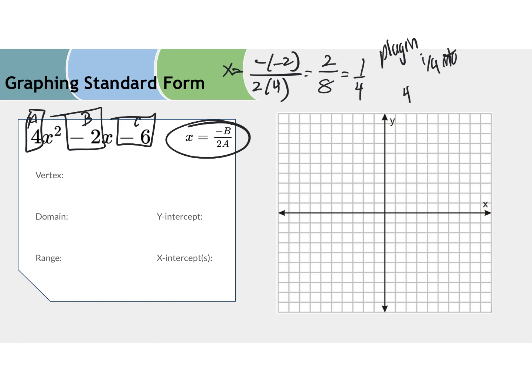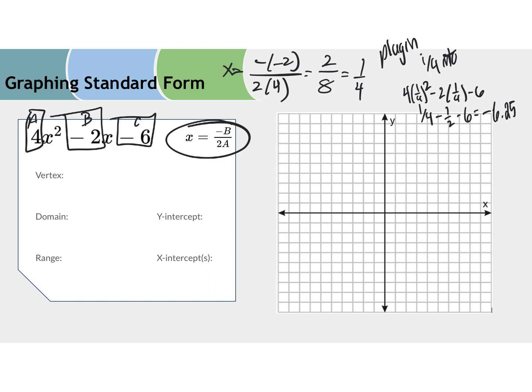So we're going to do 4 times 1/4 squared minus 2 times 1/4 minus 6. So 1/4 squared is 1/16 times 4. That gets me another 1/4. Minus 2 times 1/4 is minus 1/2, minus 6. A little bit of a crazy value here, but when we do all of this together, we get the decimal negative 6.25.